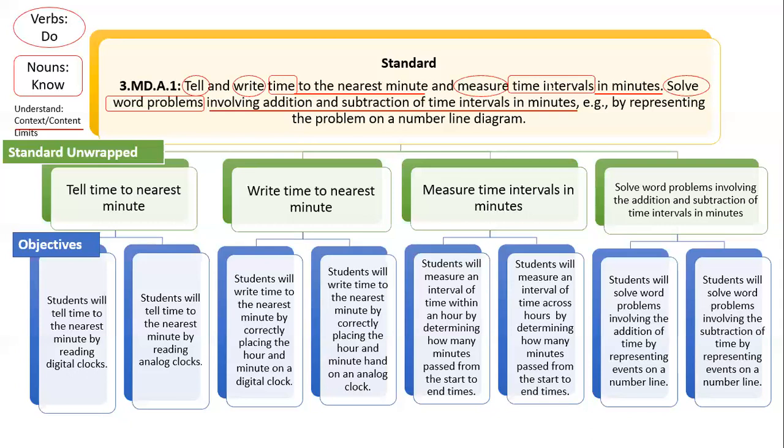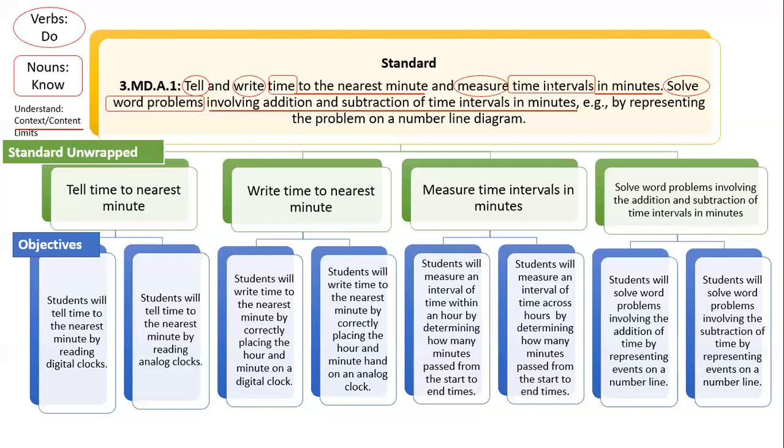In that example, that's in the same hour, and it's easier for a child to calculate how many minutes have to pass by. When we look at the next objective, you'll see that the rigor increases, and I have it just a little harder because we're going to now have time in which our hours change. So students will measure an interval of time across hours. So for example, I started my math homework at 8:45 and I finished my math homework at 9:15.